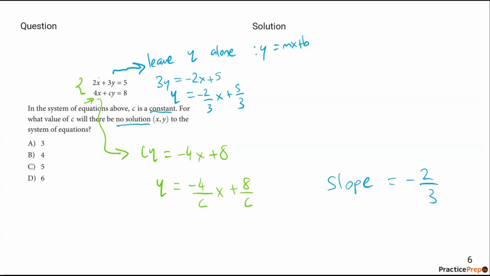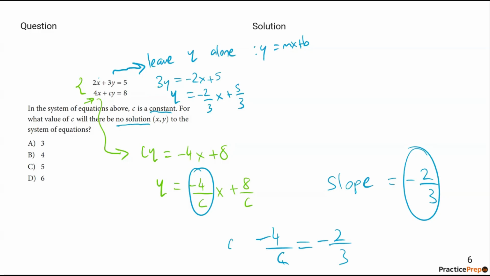So now you take this slope and you compare it with this one. It has to be the same because these lines are parallel. They have no solutions. And when you compare things, you equate them. And then you find C. How can you find C here? Well, multiply both sides by C. And what's going to happen is this C is going to go away.